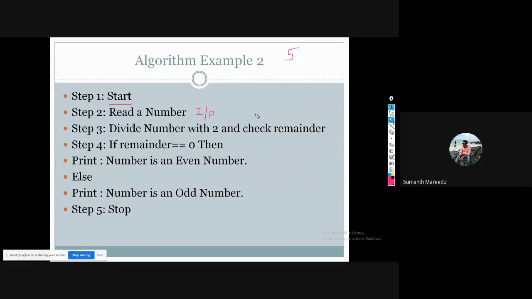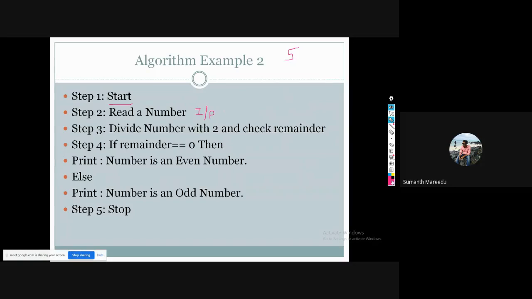I already told you, any statement in simple English, as simple as possible. So you read a number from the user, so that is the input, and with that number you start applying the operation.